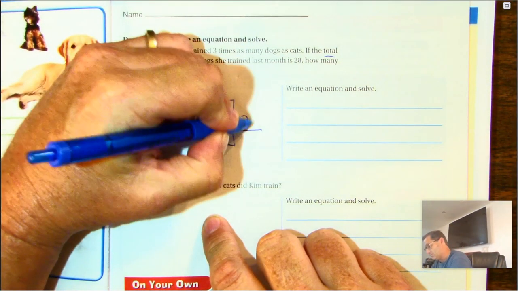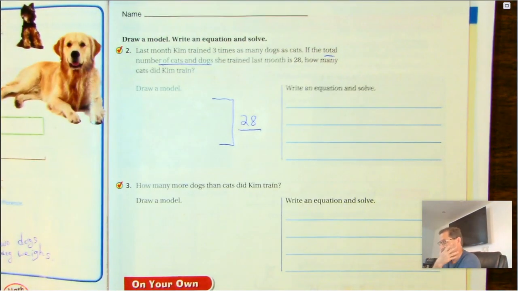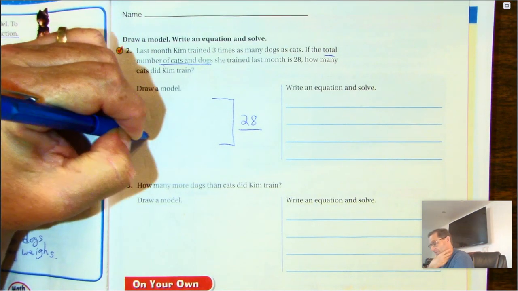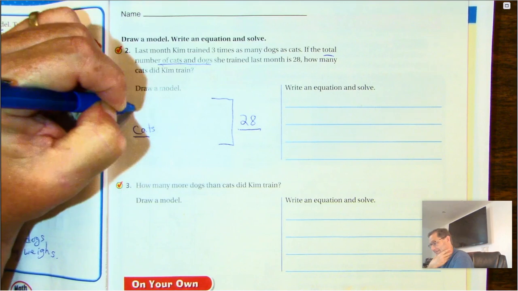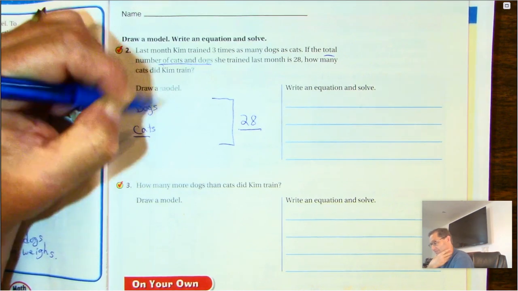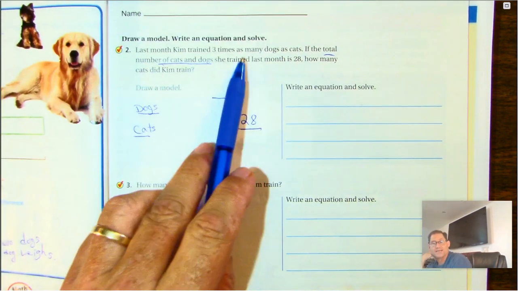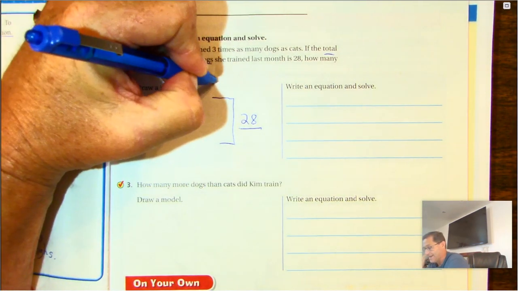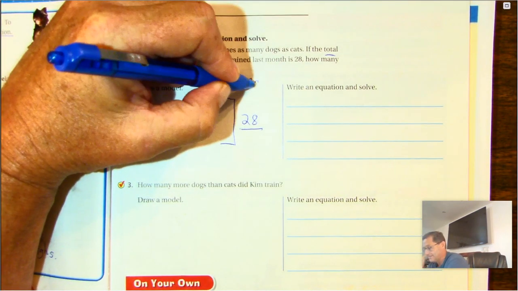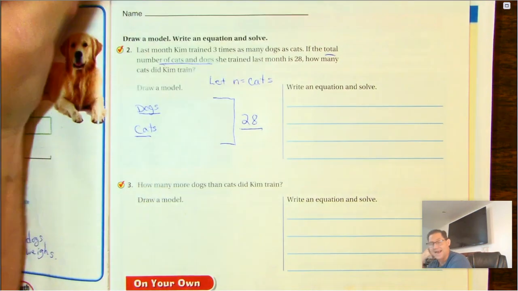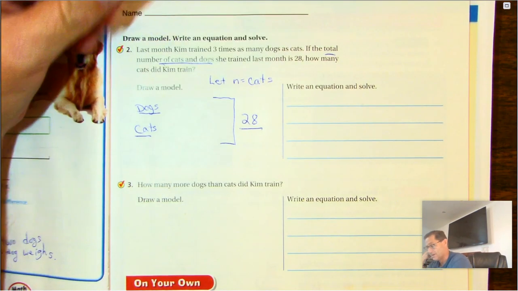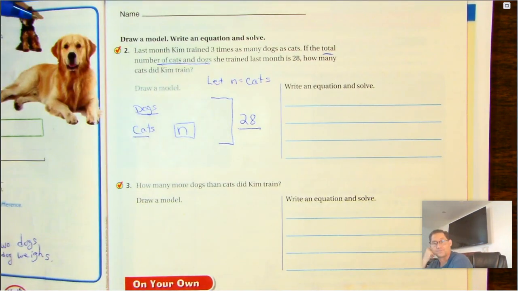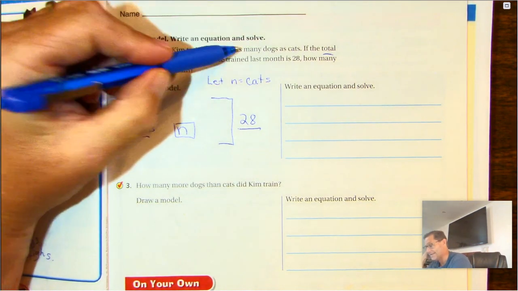So that's 28. And then we know that we have cats and we have dogs. And it says there are 3 times as many dogs as cats. So I'm going to say let n equal the cats. So if the cats is n, then the dogs are 3 times as many.